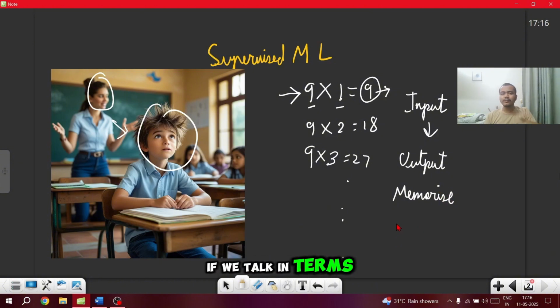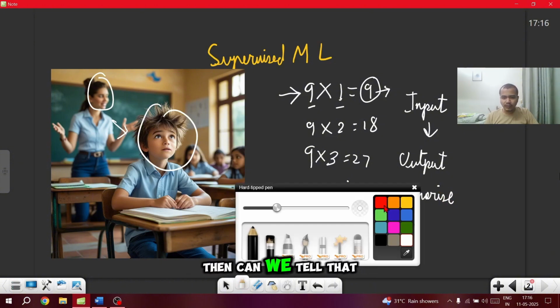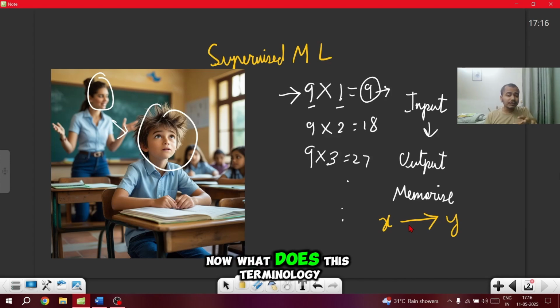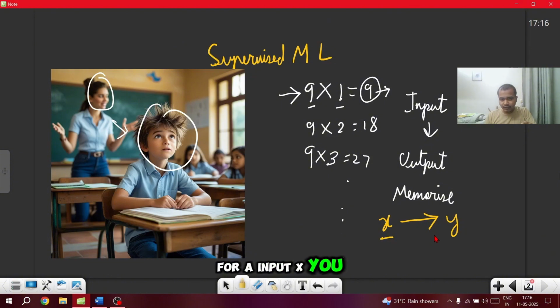If we talk in terms of higher mathematics, then can we tell that there is an input x and we have to find an output y? Now, what does this terminology mean in math? For an input x, you get an output y based on some process.